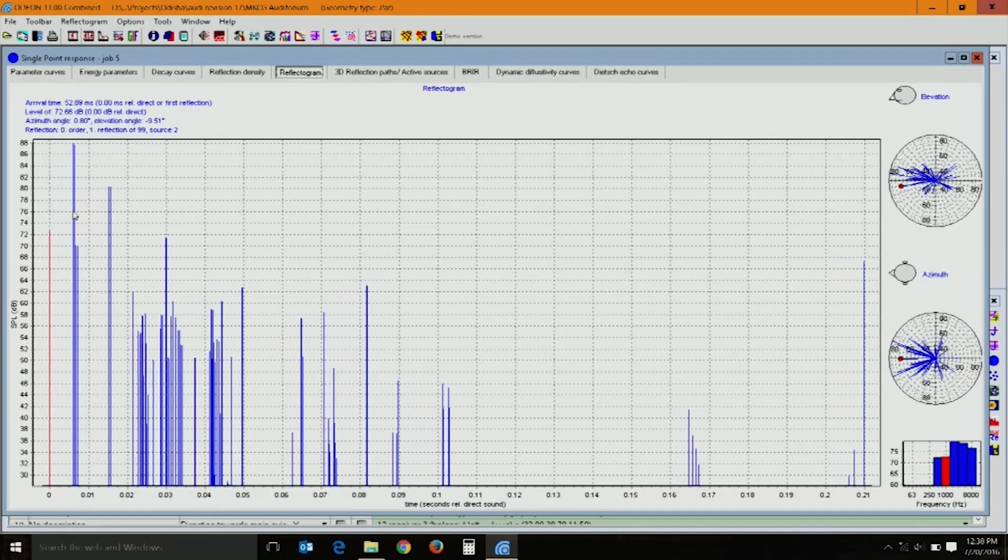Now let us look at what the reflections are and where they are coming from. So this is 0, this is the first reflection which you are getting. You can actually visualize in elevation as well as in plan which direction it is coming from, and where it is coming from at different frequencies as well.